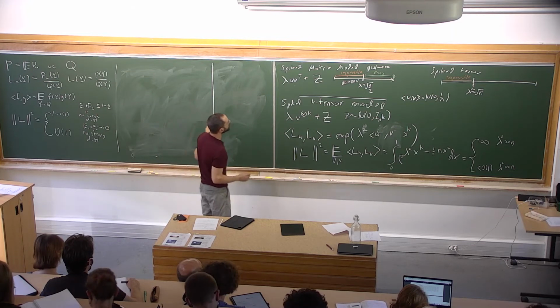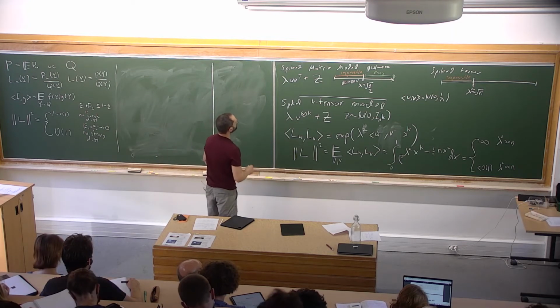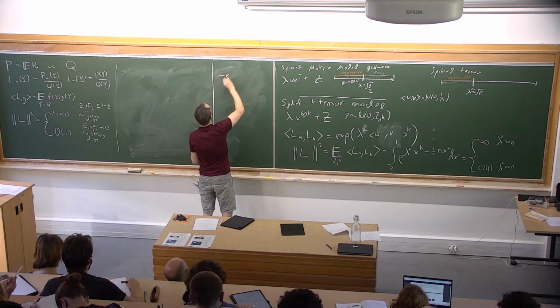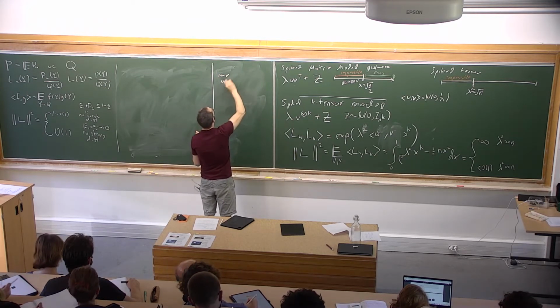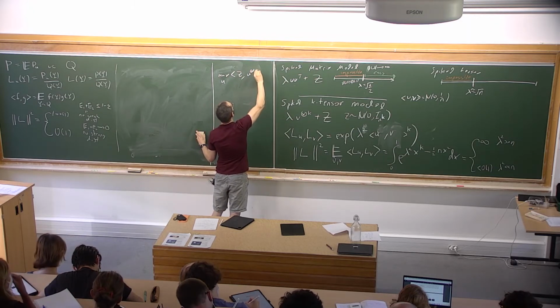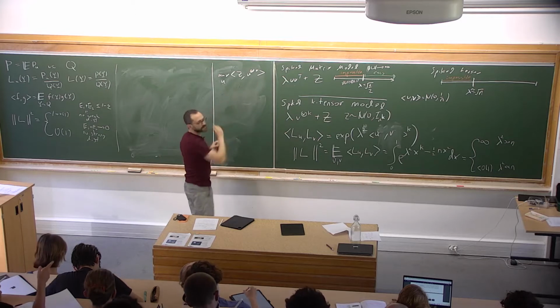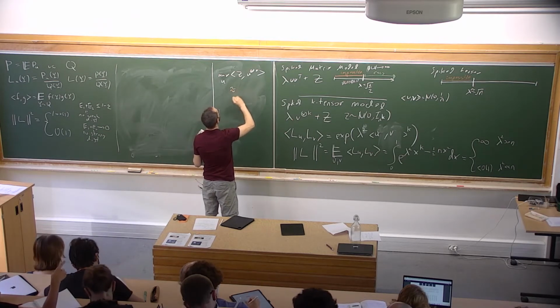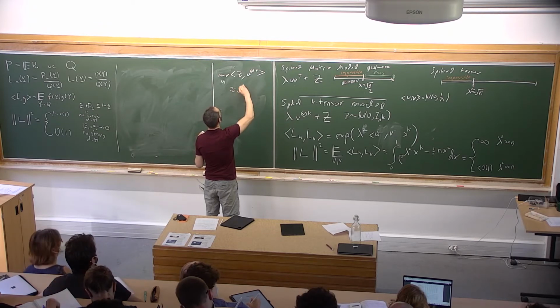And the reason is the following: if you look at the maximum over all unit vectors u of the inner product of Z with u tensor k, then that would be roughly square root n.